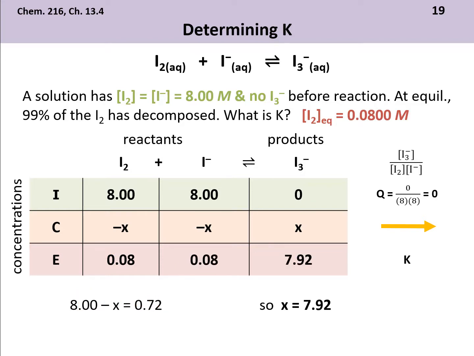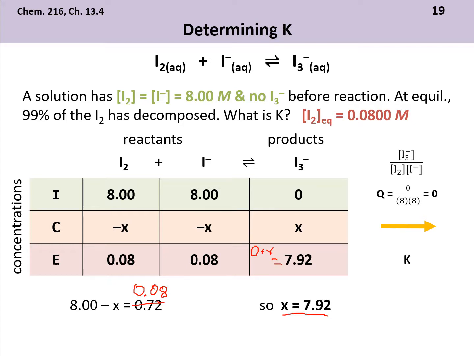Oops, this is wrong. All right. So that means that my answer, x, must be 7.92. All right, so now that I know that x is equal to 7.92, 8 minus x will give me 0.08, and 0 plus x is going to give me 7.92.